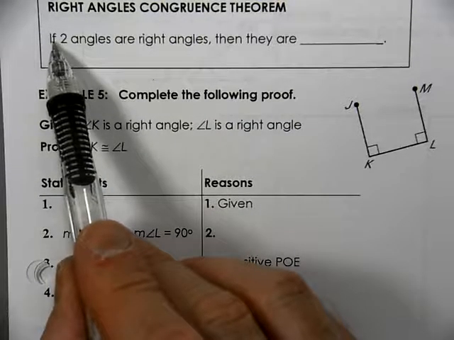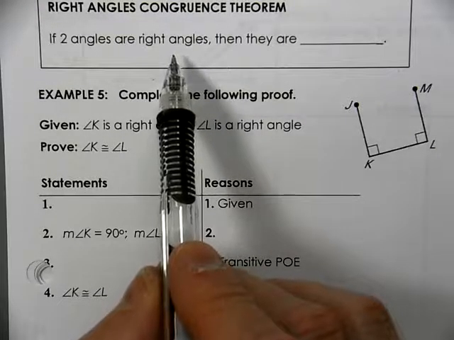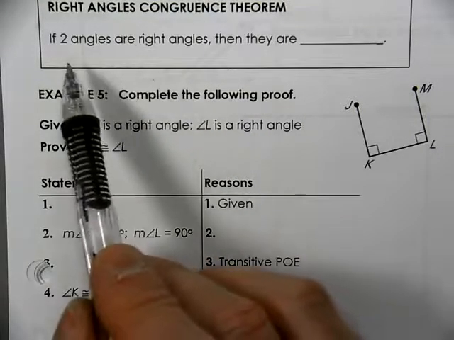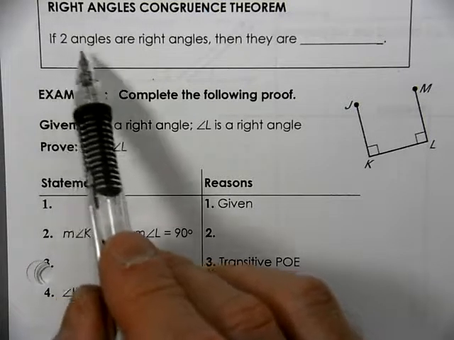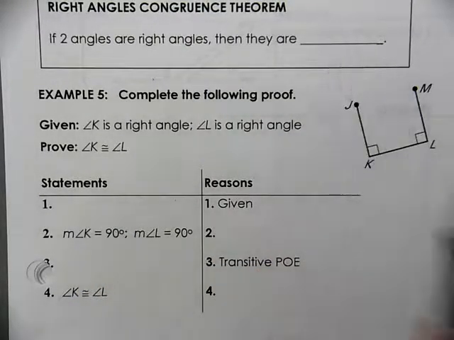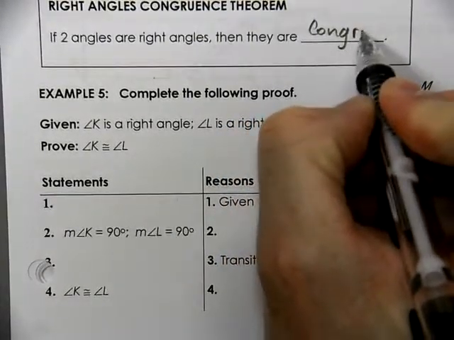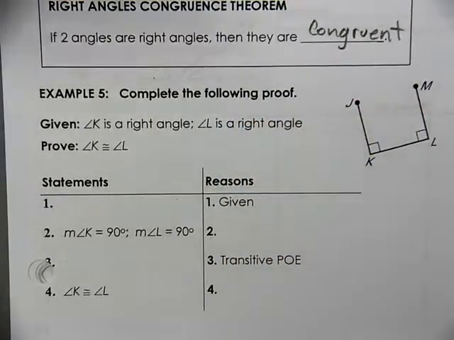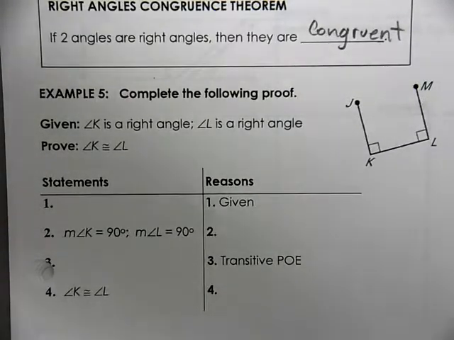Okay, what do we think about if two angles are right angles? What do you know about right angles? If two angles are right angles, then they are congruent. They would both be 90, that's true, because right angles are 90.